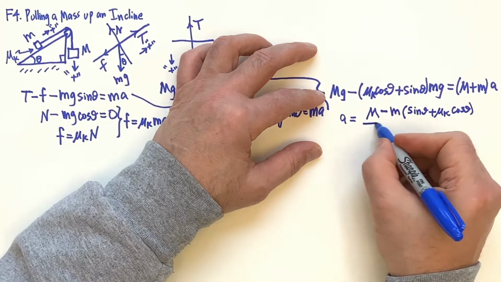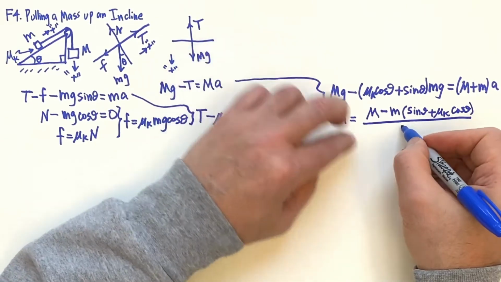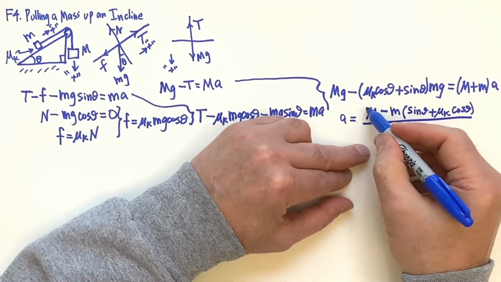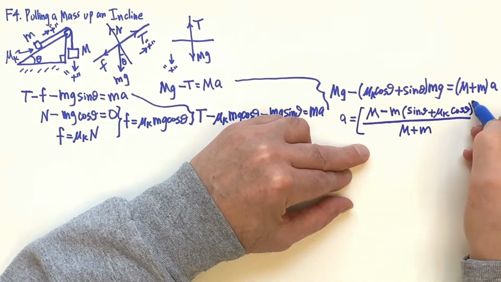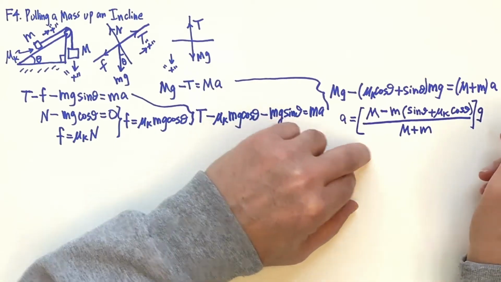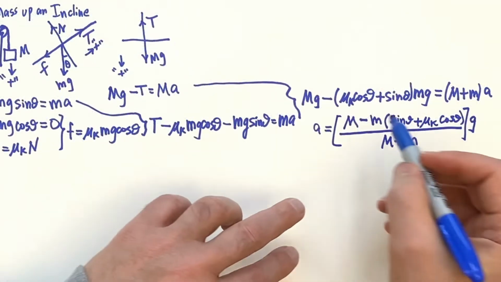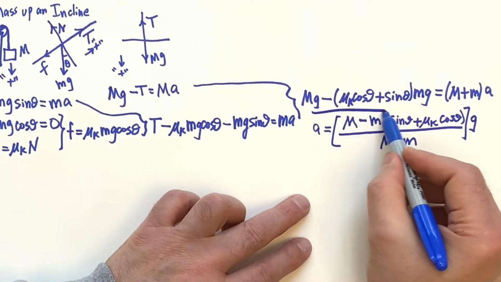And that's going to be over the sum of the masses. And then don't forget that we did have the g that we pulled out. So this is the answer for the acceleration right in here. This is it.